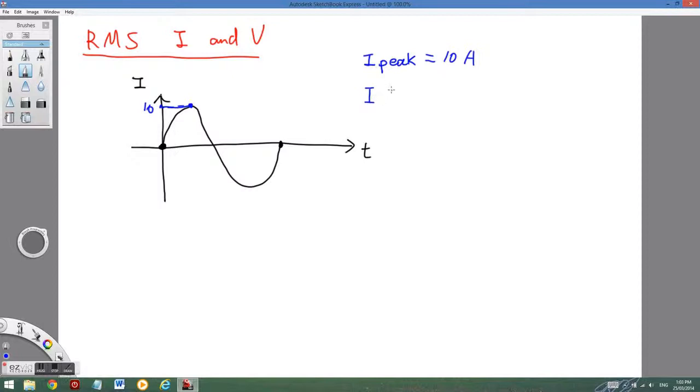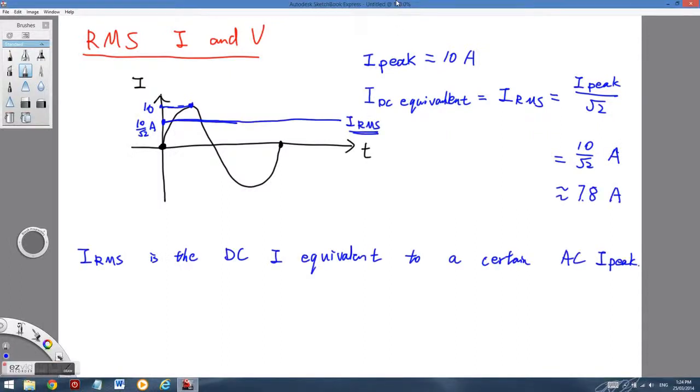What it means is a 10 amp AC peak current would have the same effect as a DC current of 10 divided by the square root of 2 amps, which is a direct current of 7.8 amps. Wait, to be precise: the AC current of 10 amps peak value has the same effect as a DC current of about 7.1 amps.